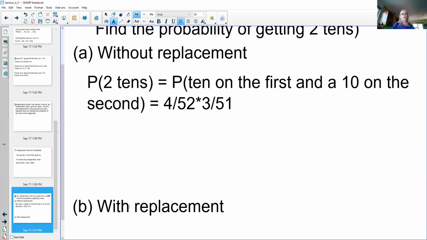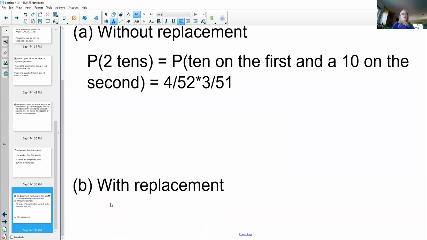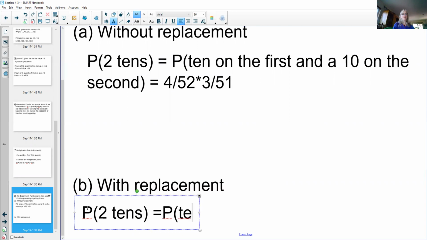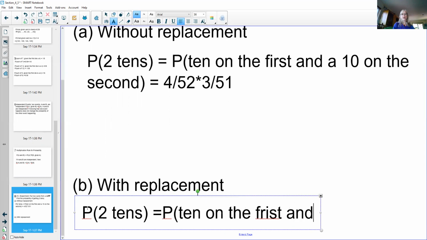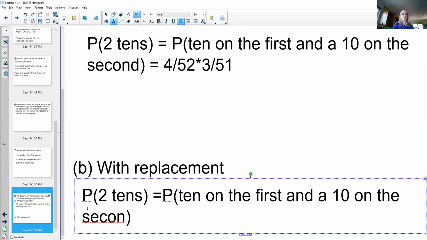If we did it with replacement, then the probability of 2 10s would be the probability of a 10 on the first and a 10 on the second. Well, again, the first card is 4 out of 52.